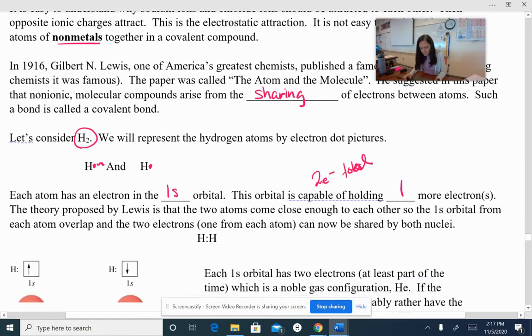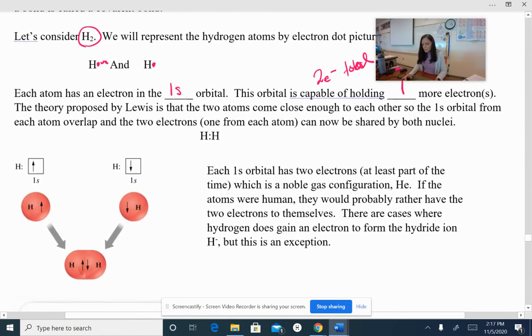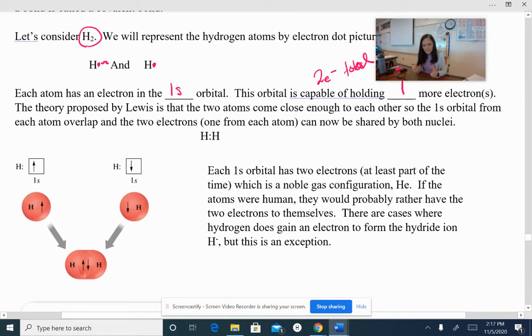So, the theory proposed by Lewis is that the two atoms come close enough so that the 1s orbital from each atom overlap each other, and the 2 electrons, one from each atom, can now be shared by both nuclei.